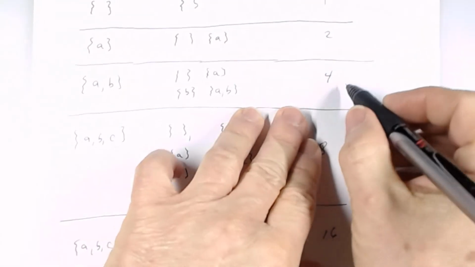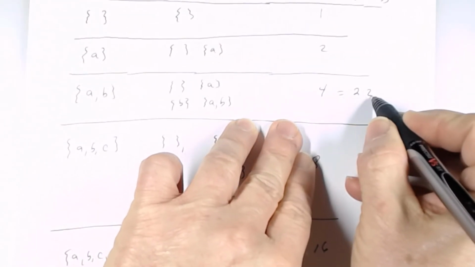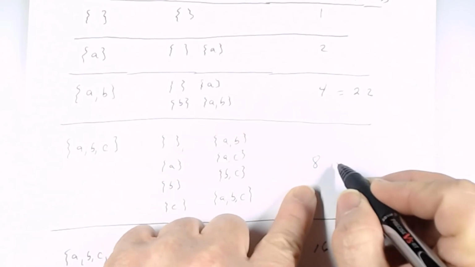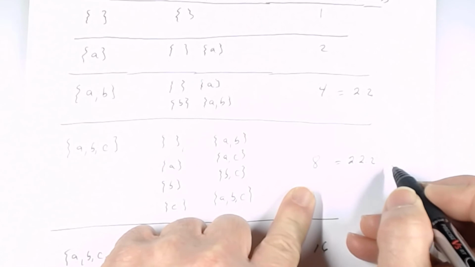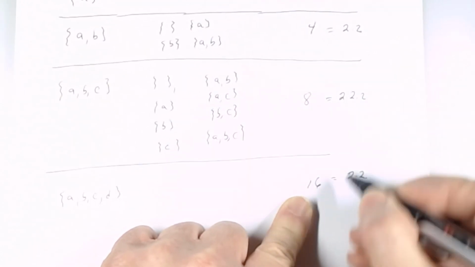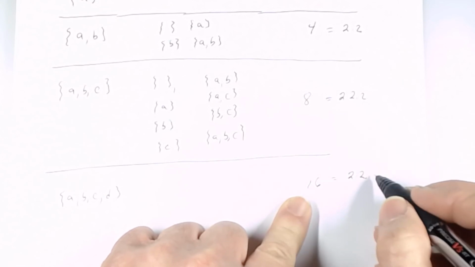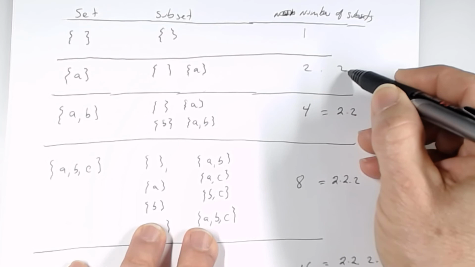Okay, so let's look at 4. Do y'all agree that 4 is 2 times 2? Okay, let's look at 8. Do y'all agree that 8 is 2 times 2 times 2? Okay, let's look at 16. Do you agree that 16 is 8 times 2, so that's an extra 2, right? And this is just 2, correct?